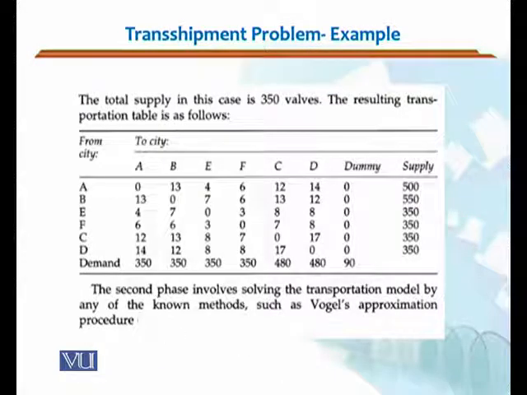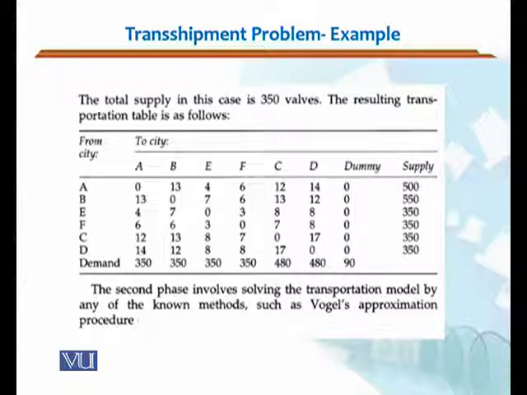The total supply in this case is 350 valves because we have balanced the transportation problem. So the resulting transportation table would be as follows. Now you can see that we have a total supply table as per the rules. The supply column has been added at the end of the table, whereas the demand row has been added at the bottom of the table. So you would see that the demand for A, B, E, F is 350, which is the total supply.